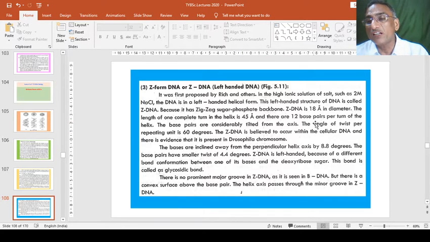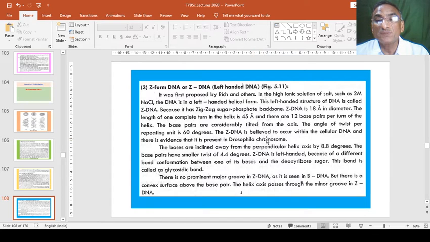And there are 12 base pairs per turn of the helix, as we have seen 10 in the beta standard form. The base pairs are considerably tilted from the axis, and the angle of twist per repeating unit is 60 degrees.